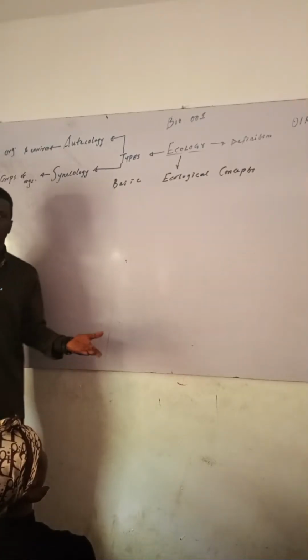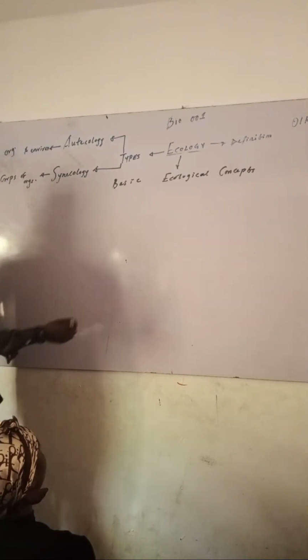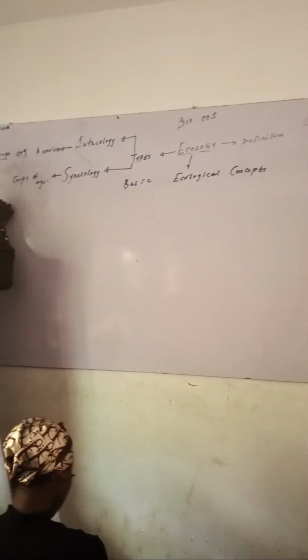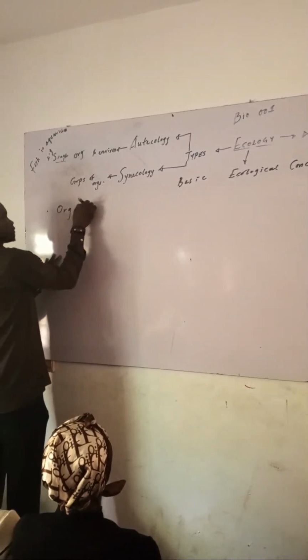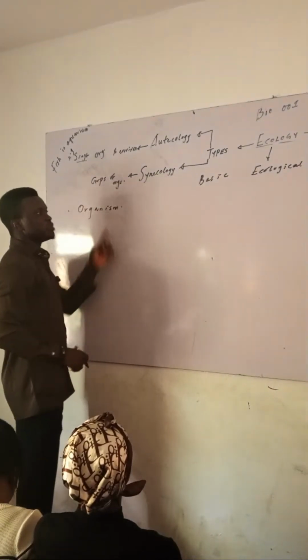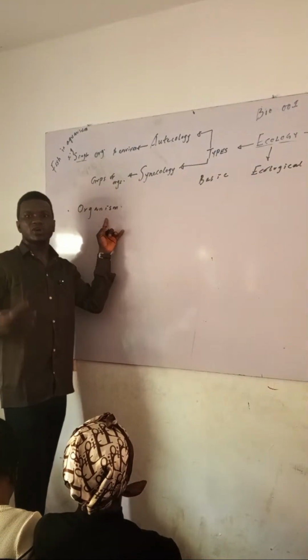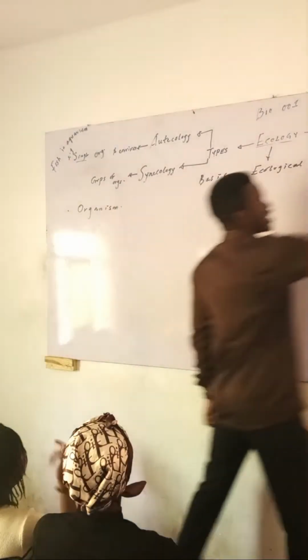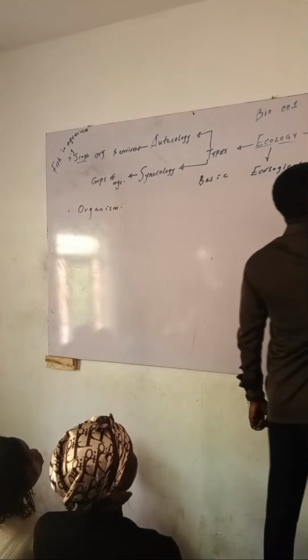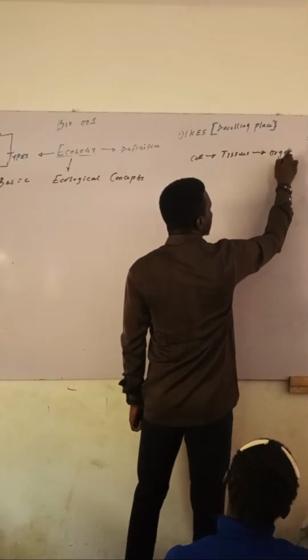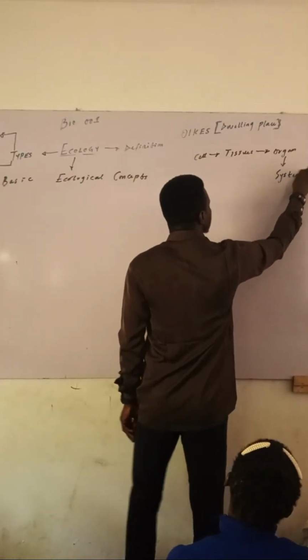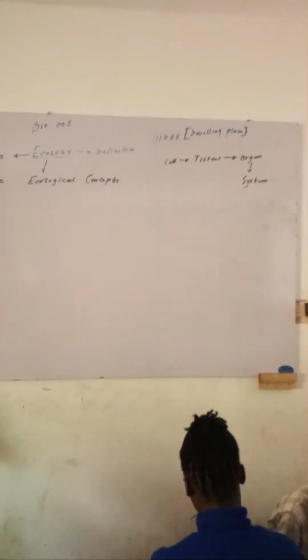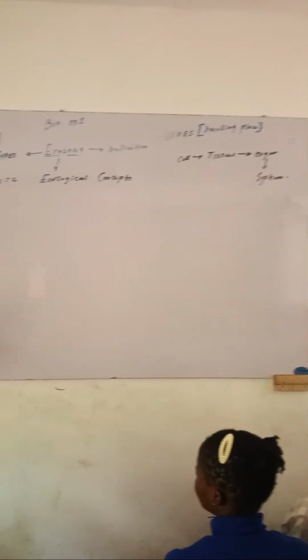A single individual that you are studying in that environment, that is the organism. You remember from the hierarchy of living organisms, we talked about cell, from cell to tissues, Abi, then from tissues to organ, then from organ to system. So please, if you have any question or something confusing, you should let me know. When you're talking about a single individual, you're talking about an organism.